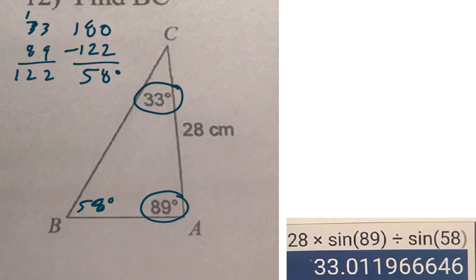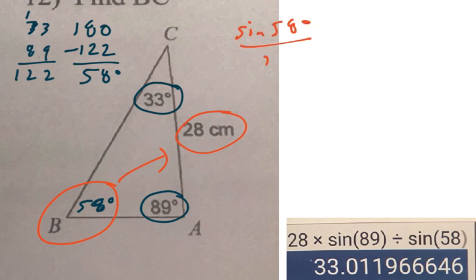Now, I needed to know 58 degrees because, notice, that angle B, 58 degrees, is opposite 28. So I can say that the sine of 58 degrees goes with the 28. Now we're going to be able to solve. We're trying to find BC, which is this side here, top left. And we know that is opposite this 89 degree angle.